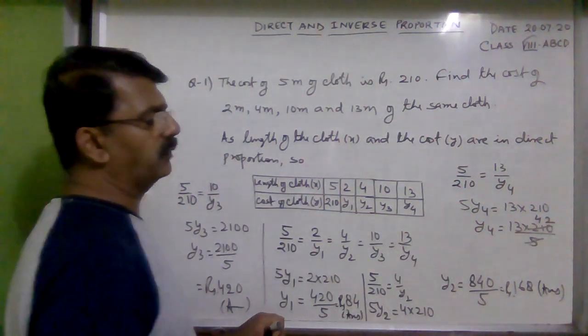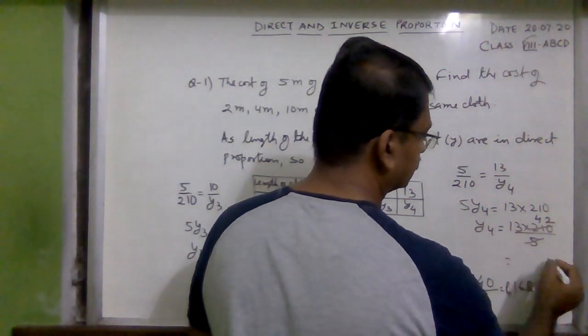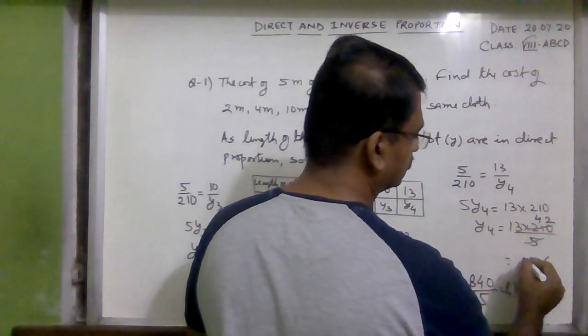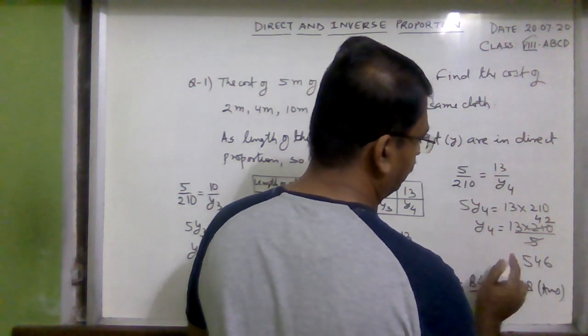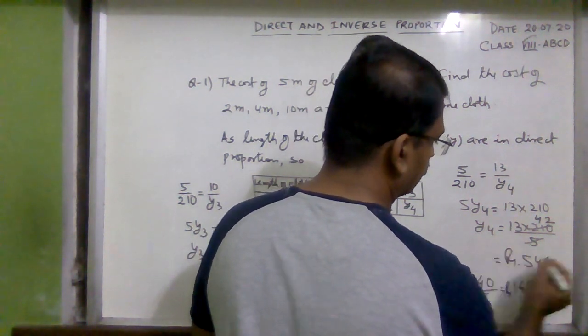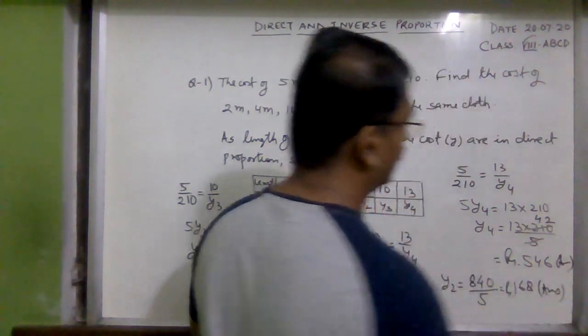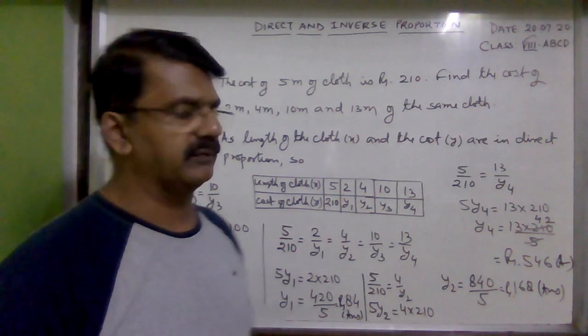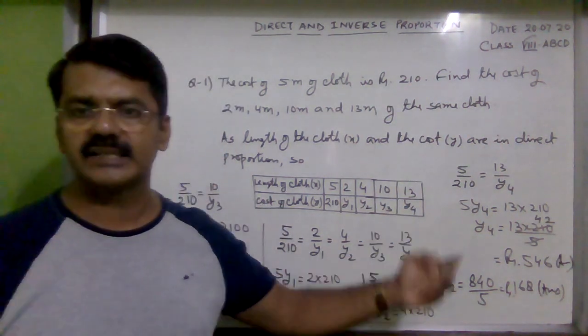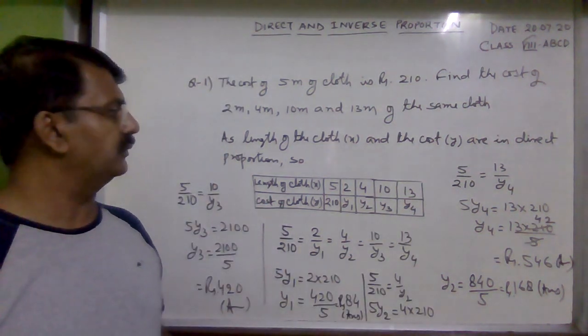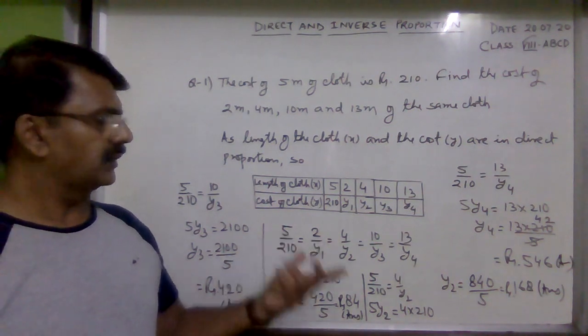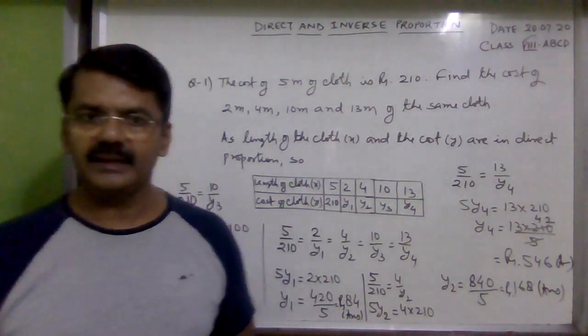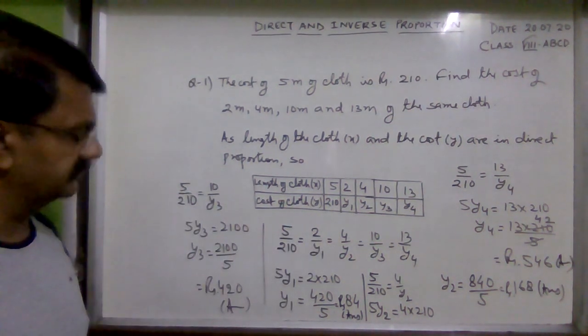Now you multiply 42 and 13. Rupees 546. Okay. 13 into 42 is rupees 546. So this is the answer to the last part, that is the cost of 13 meters of cloth. Clear? Now the next question.